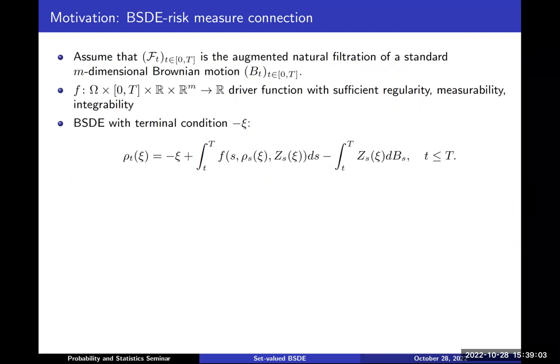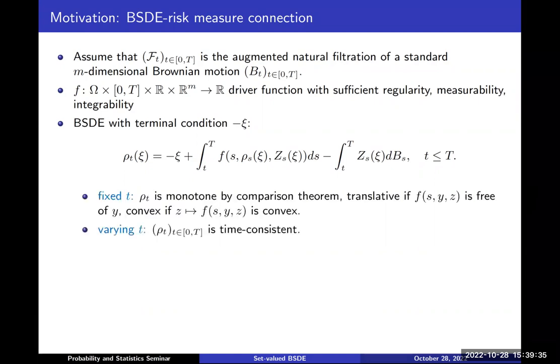So the first component of the solution, usually denoted by y, here I call it rho_s and rho_t here. So that's the main part of the solution. And that's the auxiliary part, which appears in this martingale representation. So this is the BSDE whose terminal condition is my financial position, and the rho part of the solution will be my risk measure, provided that my driver is nice enough.